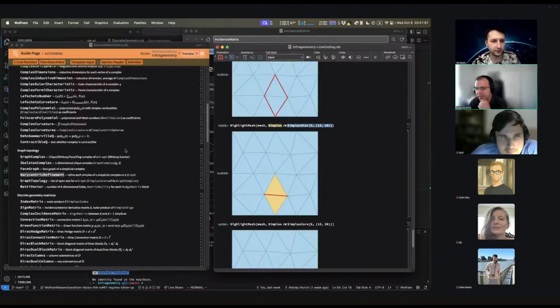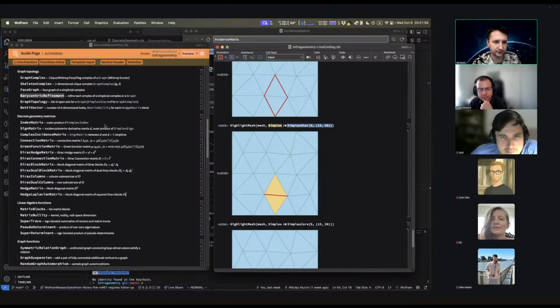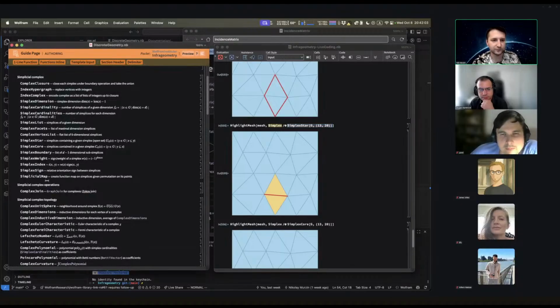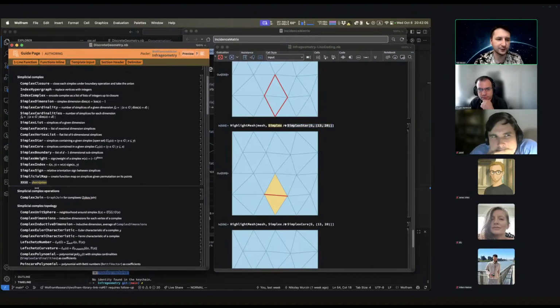I don't think we have this kind of function, but maybe we should add one. It would be good to have, like a guide like this. So what do we need? Some simplex neighborhood or something. I don't know what to call it.